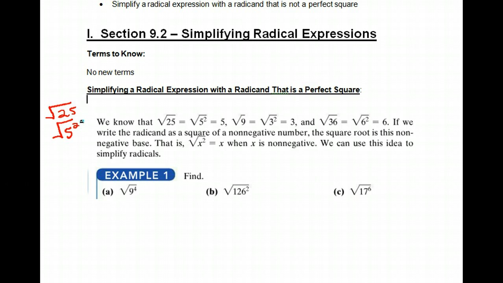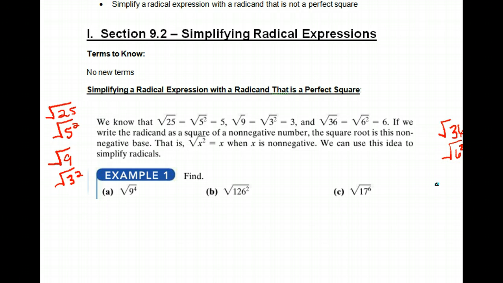If we look at the square root of 9, we can break that into 3 squared, because 3 times 3 makes 9. Those should be equivalent statements. And then the answer to that problem is just 3. For the square root of 36, we can rewrite that as 6 squared.